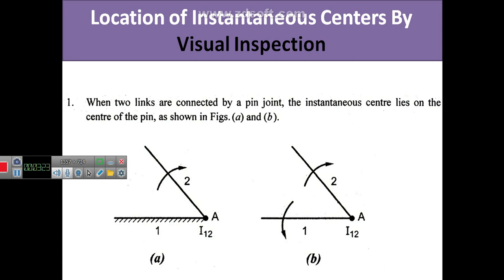So the instantaneous center is at the joint of the two links, that is I12. Then in the second picture, picture B, both links have a rotation about the center A and they are connected at the point A. So the instantaneous center is I12 here.